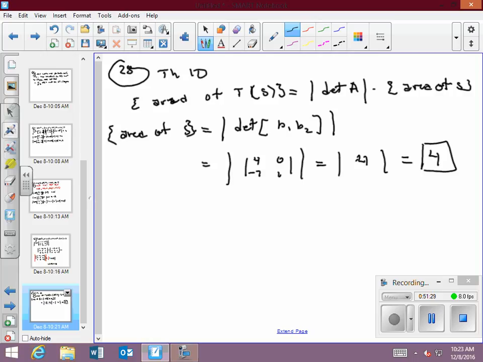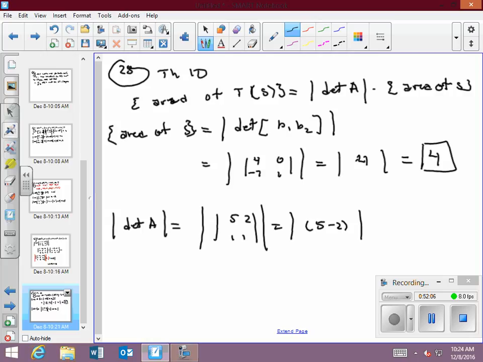And then the absolute value of the determinant of A is equal to the absolute value of the determinant of 5, 2, 1, 1, which equals the absolute value of 5 minus 2, which is equal to the absolute value of 3.